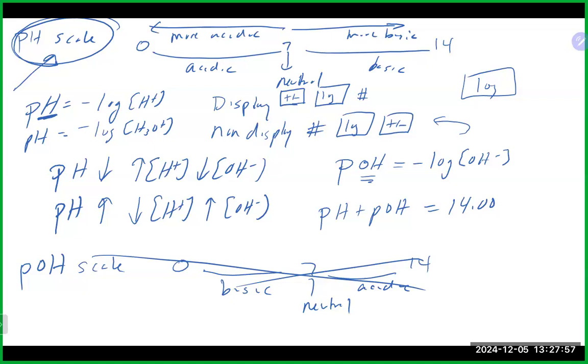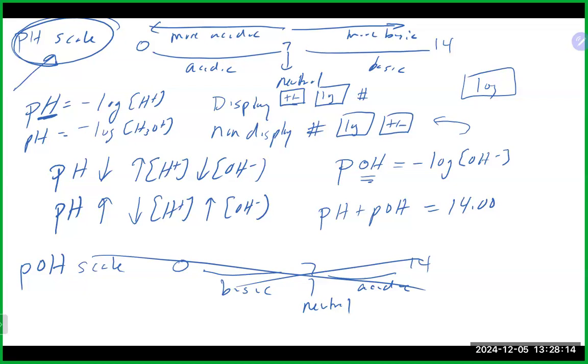Or you could still take the hydroxide concentration and use Kw to get the H plus concentration, and then use the H plus concentration to go into the pH and get the pH that way. So it gives you a variety of options as to how you can calculate this stuff.